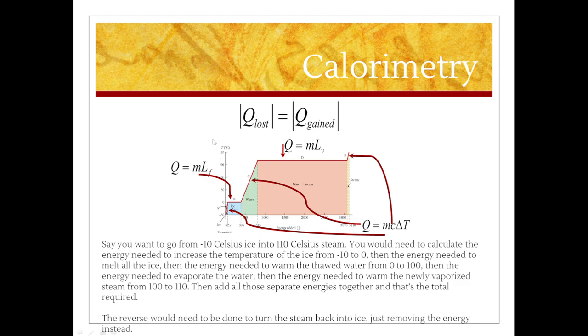Adding thermal energy after you get it to its melting point causes it to melt. It doesn't cause it to get any warmer. It'll only start warming up once it's done melting. And this is why ice is good at keeping your drink cool, because as long as there's still ice in your cup, it'll still be 0 Celsius. Once all the ice is gone, then it'll start warming up again. Its temperature will start changing.